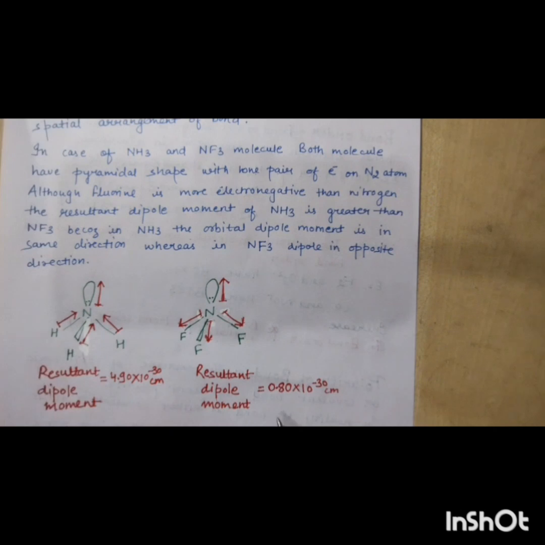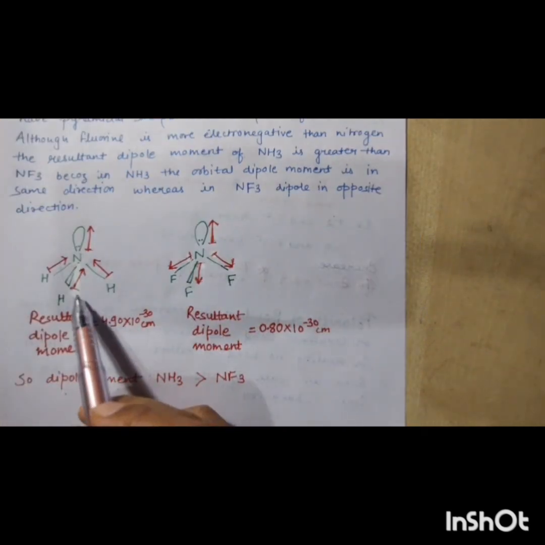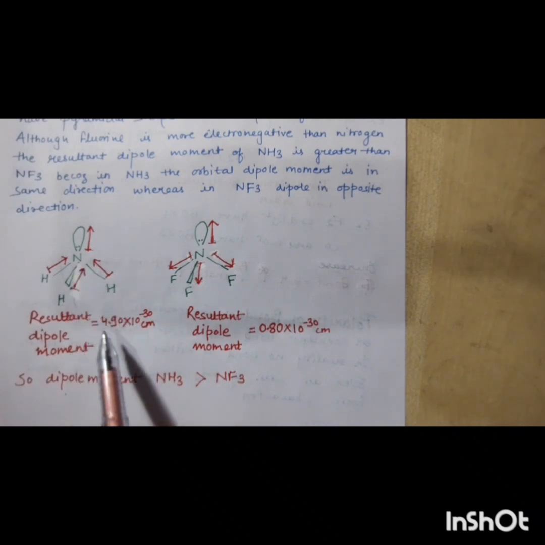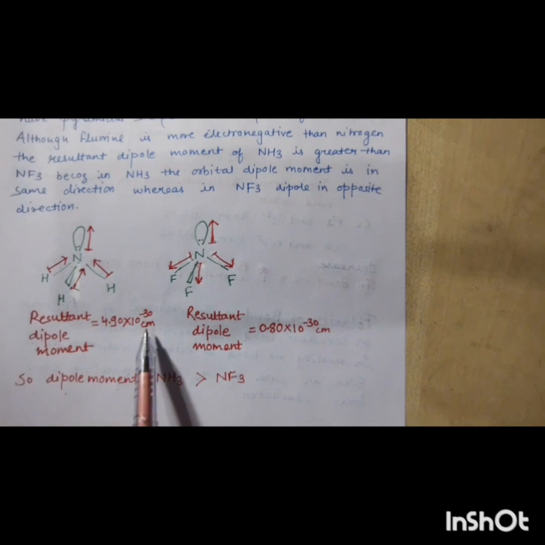So the resultant dipole moment is 0.80 into 10 to the power minus 30 coulomb meter. Here the combined effect of the dipole moments of hydrogen and nitrogen results in a dipole moment of 4.90 into 10 to the power minus 30. So we can say that the dipole moment of ammonia is greater than the dipole moment of NF3 because of the electronegativity difference in the case of fluorine.